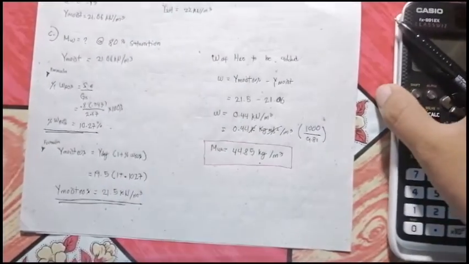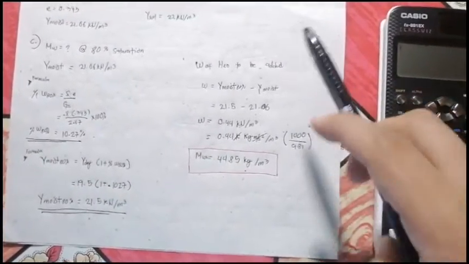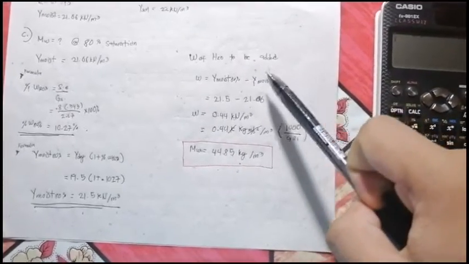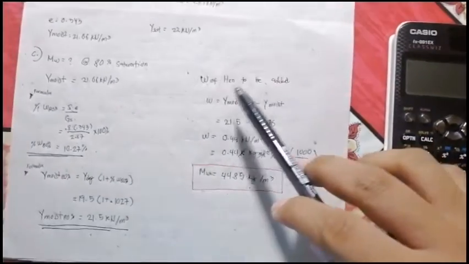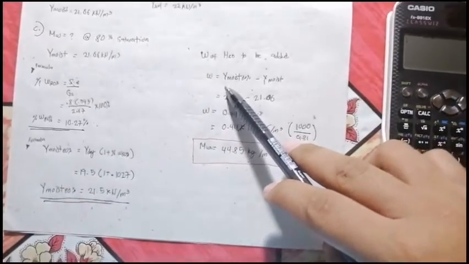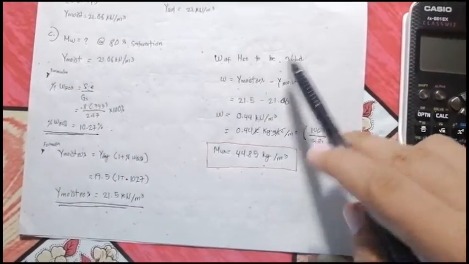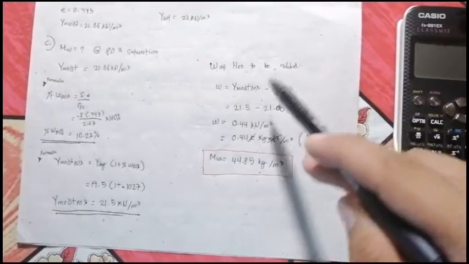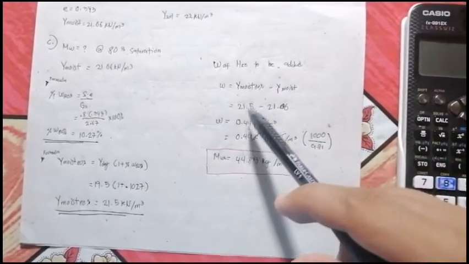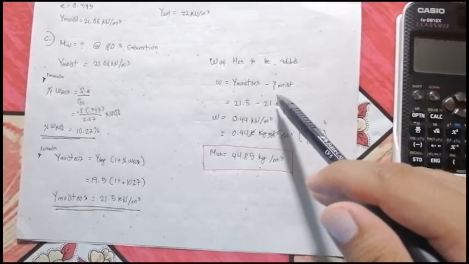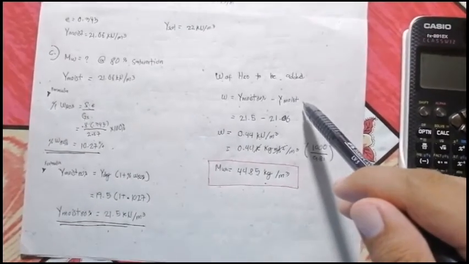So, kunin muna natin ang weight ng water to be added. So, weight ng water is equals to the unit weight of the moisture which was 80% saturated minus the unit weight of moist na nakuha natin kanina.